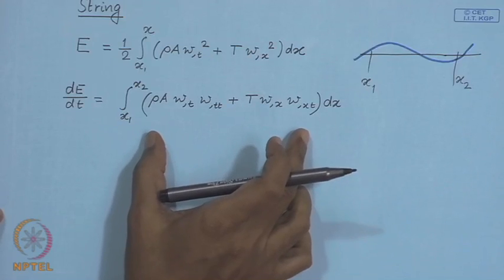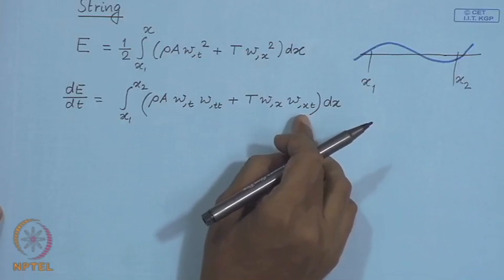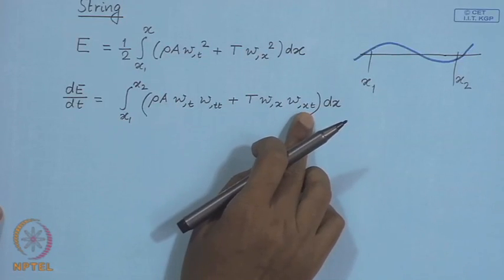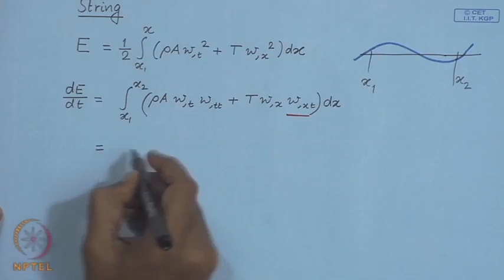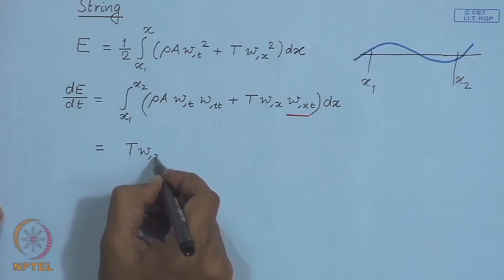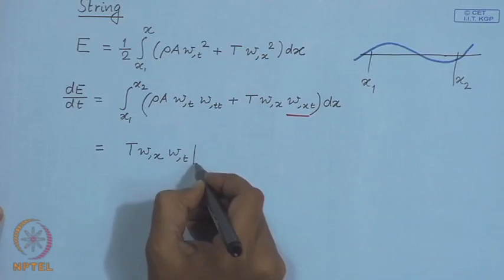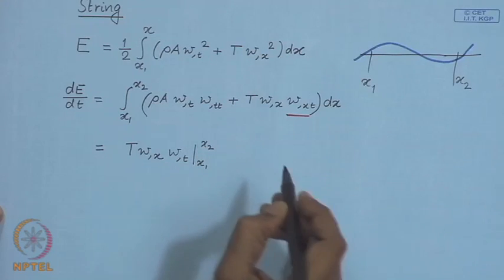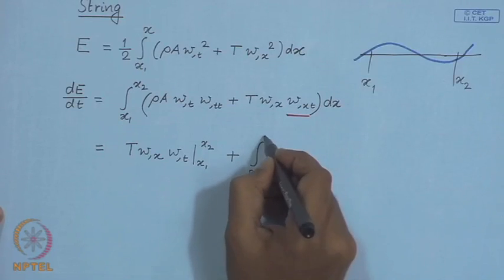now to bring this expression in a convenient form, I will integrate by parts this term. So, I will integrate by parts taking this as a second function. So, then I can write, the first function, the spatial integral of the second function, and then this integral.